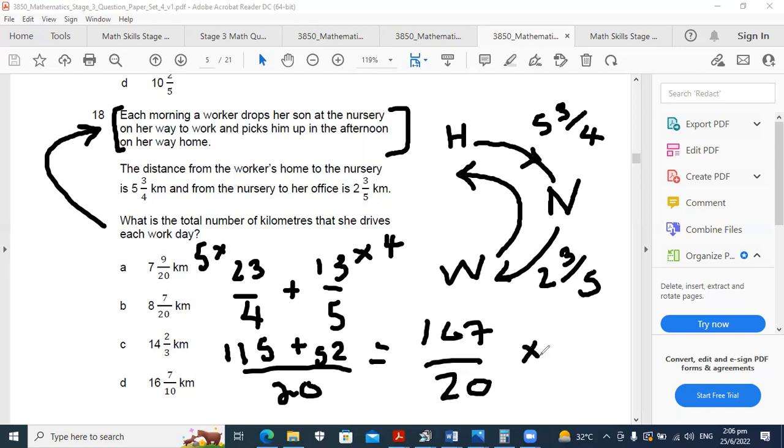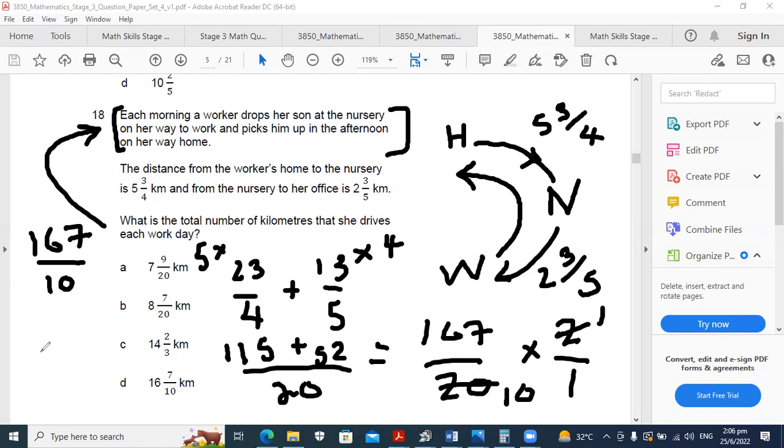And then the times is now by 2, because this represents the journey to work, to nursery, and then to work. So what you could do is 2 into 2 goes 1, 2 into 20 goes what? 10. All right, so we end up with 167 over 10.